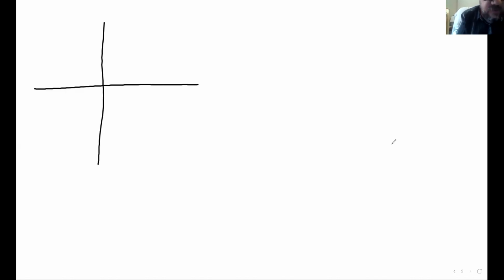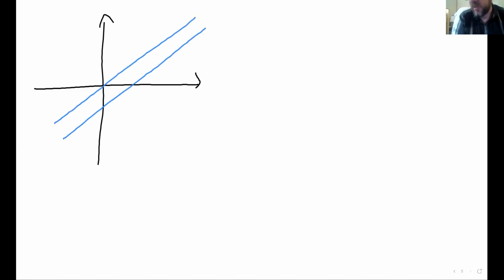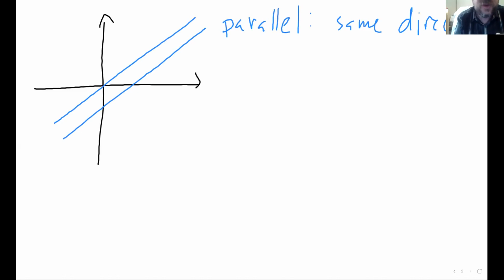So there is a set of axes. These two lines are parallel because they go the same direction. That's what parallel means: same direction. A little sloppy with the handwriting there, sorry.